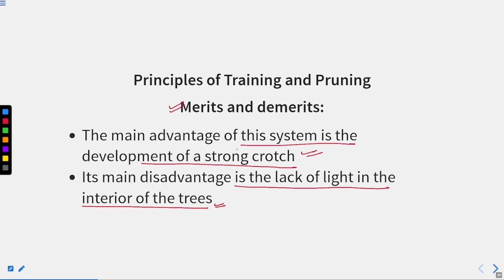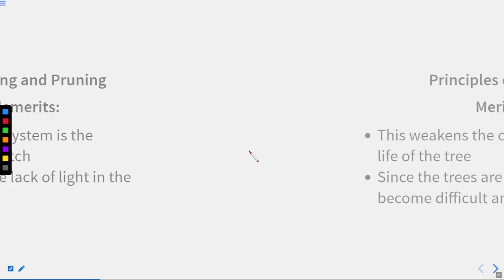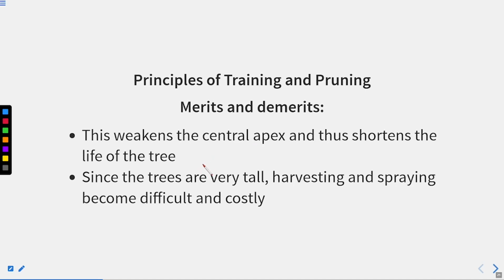But it forms a strong crotch. This weakens the central apex and thus shortens the life of the tree. The central apex becomes weak, and this is one of the drawbacks: it makes the life of the tree short.